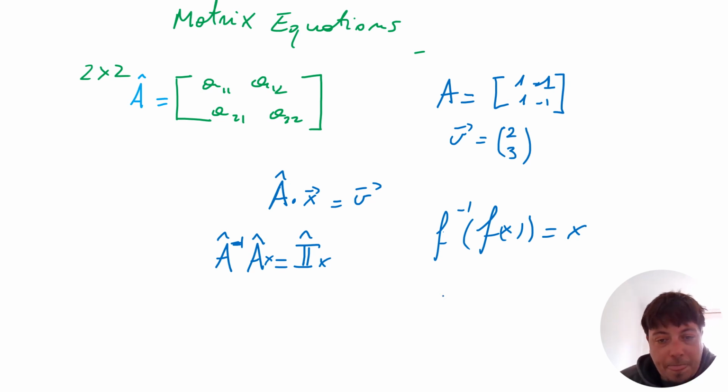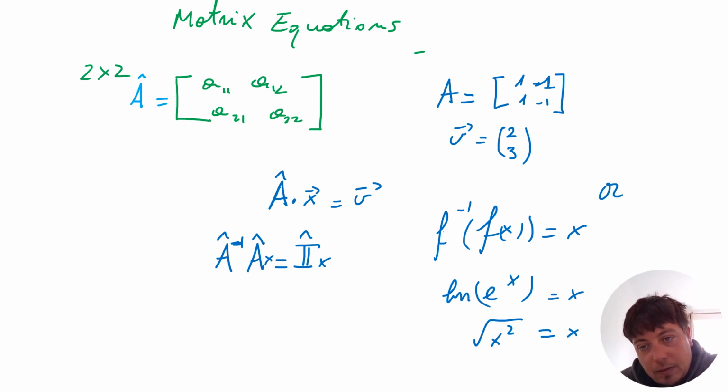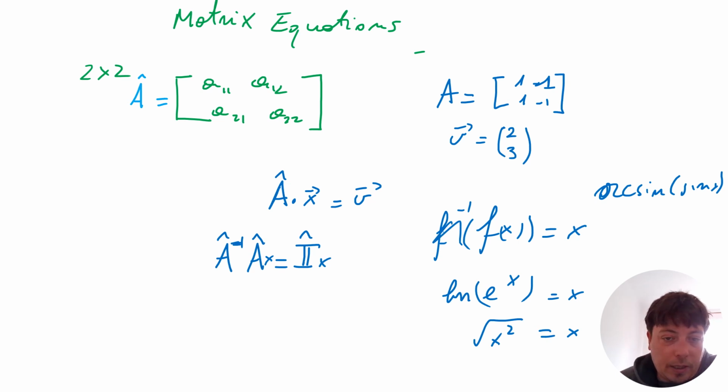The same way that the inverse function f minus 1 of f of x is equal to x. For example, logarithm and exponential, square root and square, arcsine and sine, etc. So the inverse function is something that we didn't touch much.